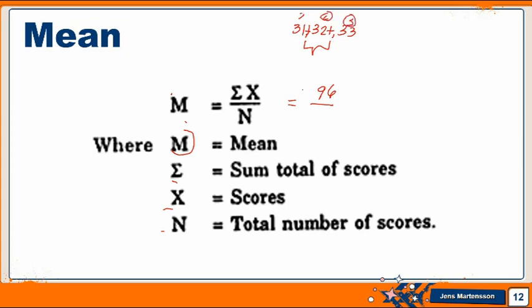We have 3 scores, therefore it is divided by 3. That will give you an average of 32. The larger the group, the longer you add the scores.